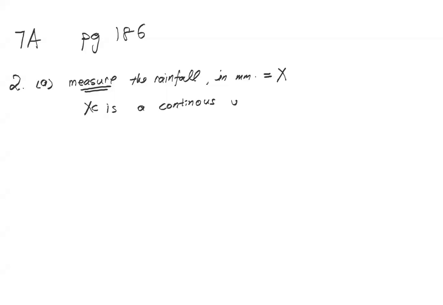Variable. Okay, what are the possible values for X? What are the possible values for X? 0 to 80. Infinity. How can rainfall go to infinity?